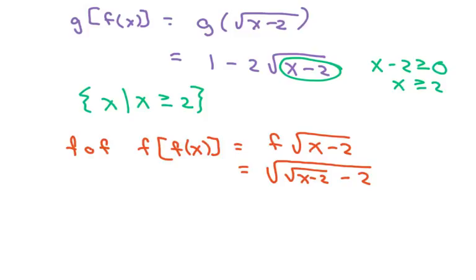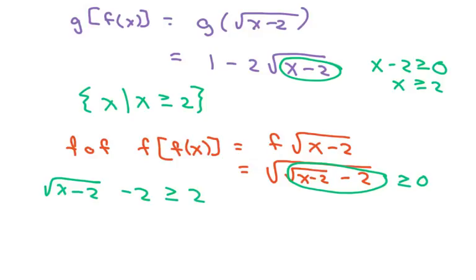Now, this whole thing inside here, again, has to be greater than or equal to 0. So basically, we have the square root of x minus 2 is greater than or equal to 2.